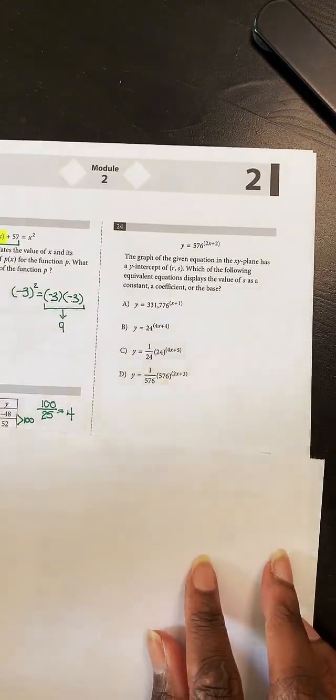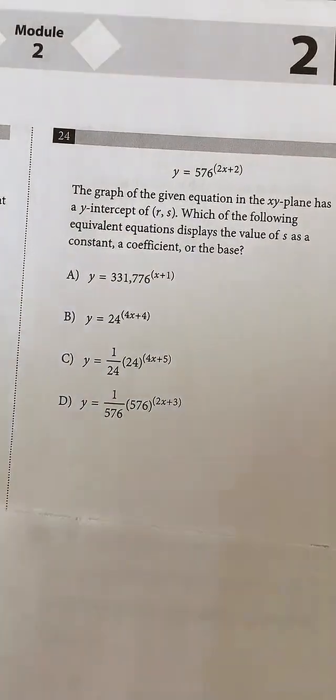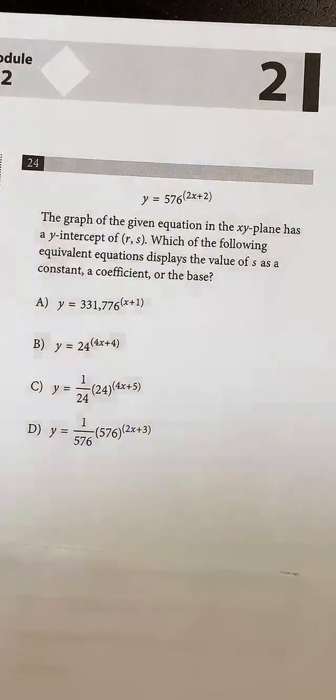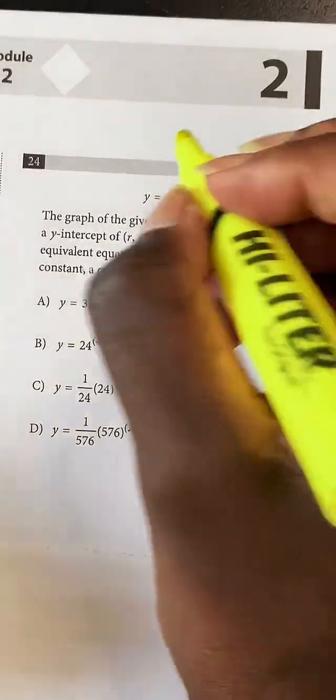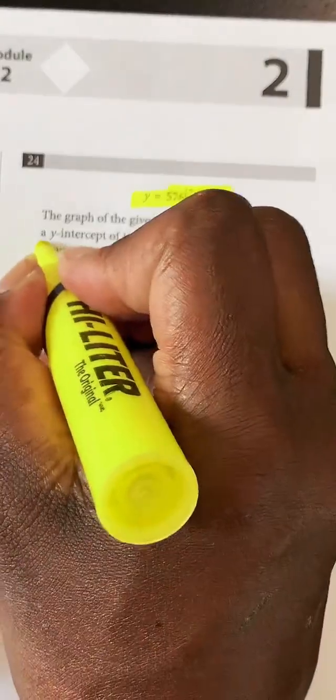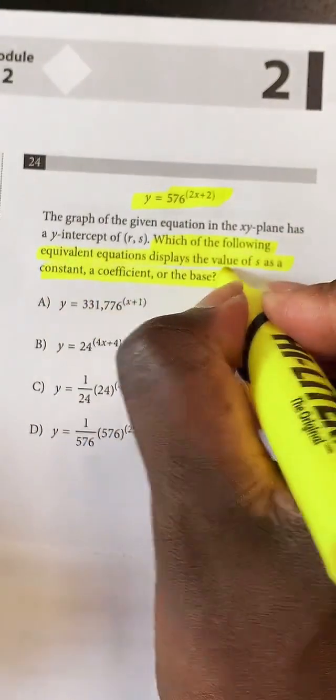So taking a look at our next one. Anytime they give you an equation, I'm telling you right here, right now, anytime they give you an equation, go straight to the question.